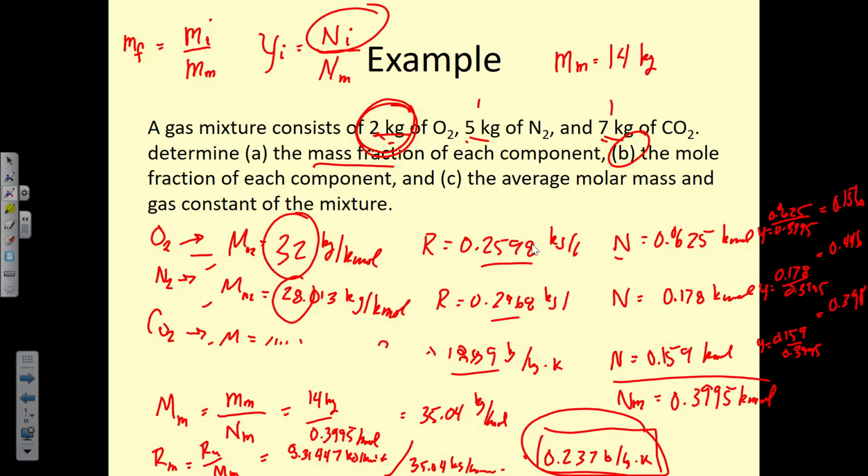So all throughout this process, you should be double checking, making sure your mass fractions add to 1, your mole fractions add to 1, and that your answers are reasonable, because it should be somewhere in between your highest and lowest molar mass, or your highest and lowest gas constant, right? Because it's averaging them all together. If you get higher or lower, then you've done something incorrect.